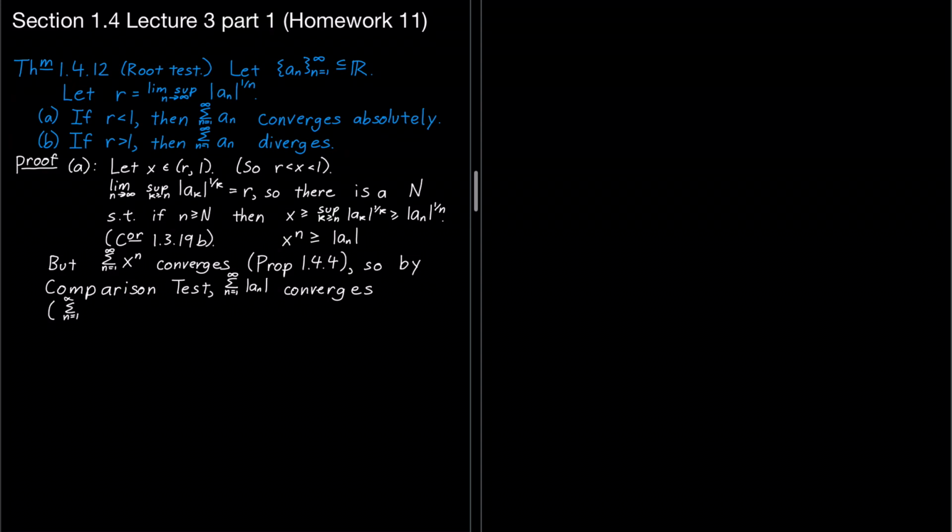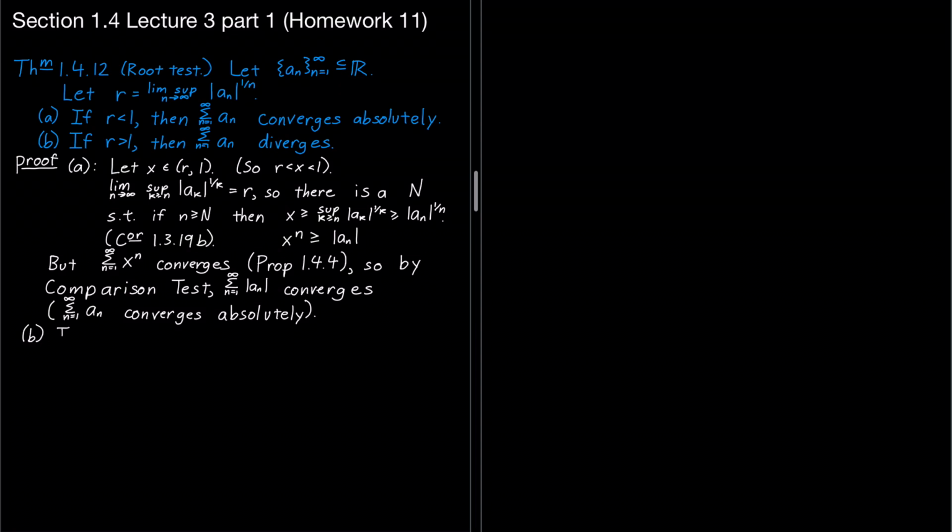And remember, that's what we mean by a_n converges absolutely. And so that completes the proof of part A. We've seen that if R is less than 1, then our series converges. So now let's move on to part B.